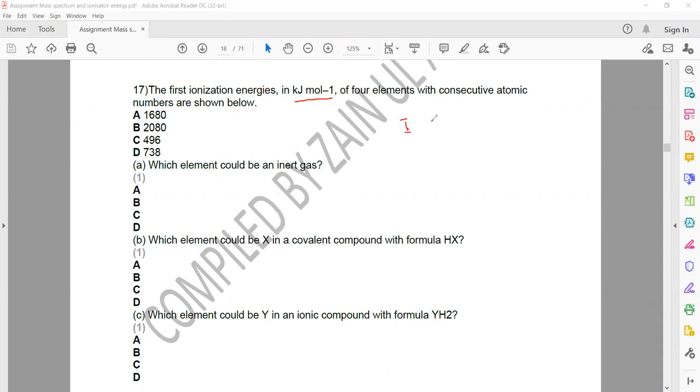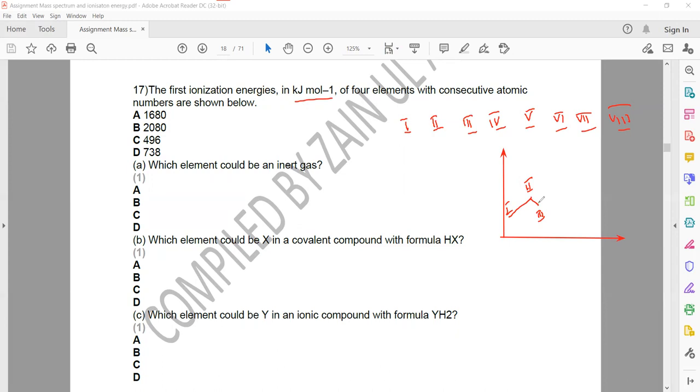Like when you have group 1, group 2, group 3, group 4, 5, 6, 7, and 8. So when we move, group 1 will be there, group 2, then group 3 will be a bit less.